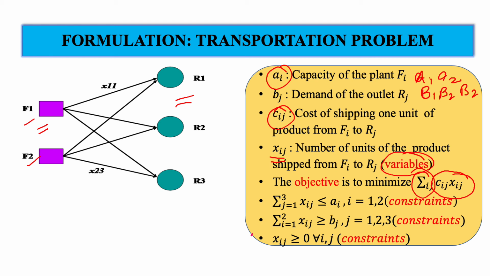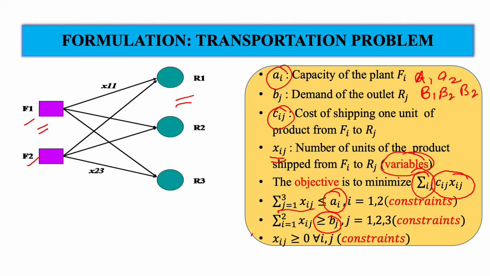Now what are the constraints? Every fertilizer plant can't supply anything greater than its capacity, so this constraint is shown here. Then what is the constraint on the retailer outlet? They should at least get their weekly demand every time.